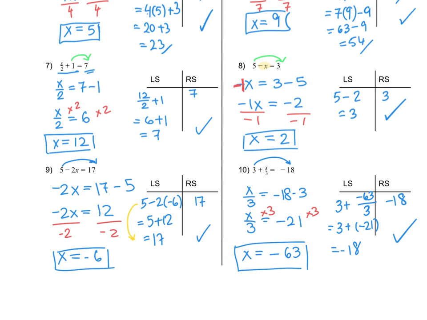So once again, get rid of the constant, bring it to the other side using the opposite operation, and then get rid of whatever's attached to the x by either dividing out the coefficient or multiplying by the denominator, depending on what you have. And use a left side, right side check. It's a nice tool to see if you did it correctly and potentially catch a mistake.